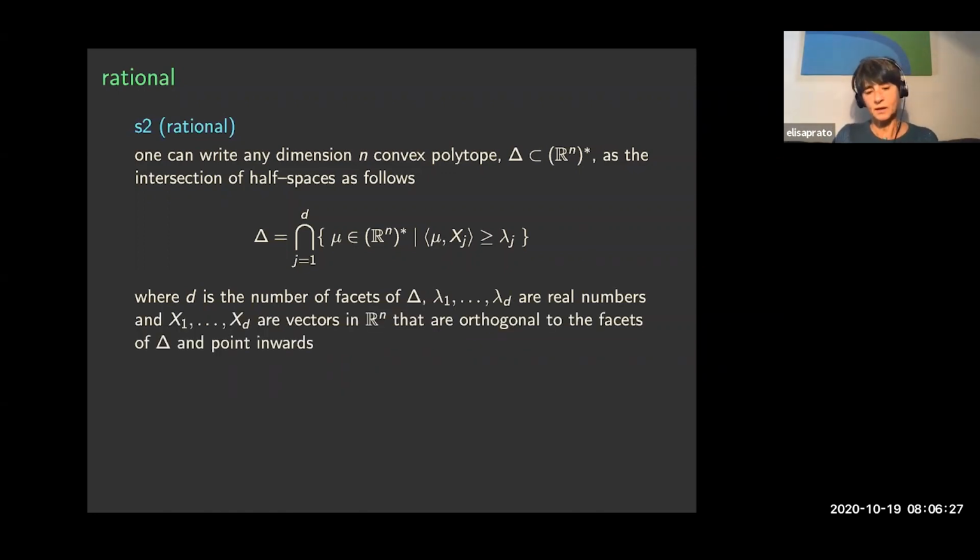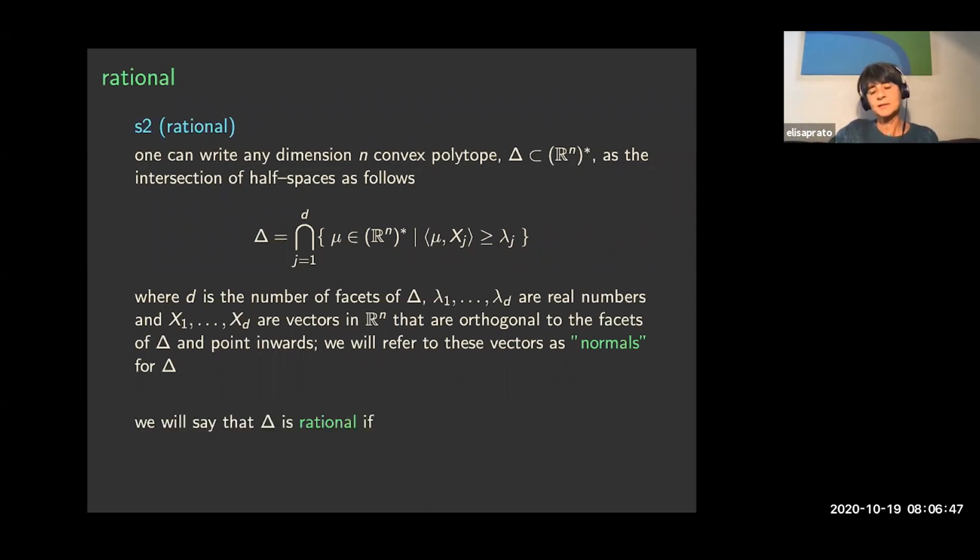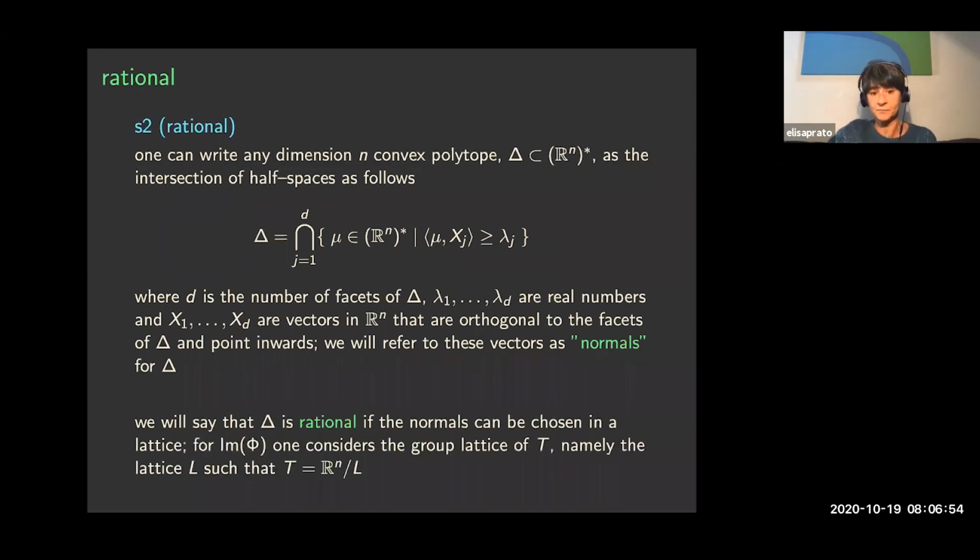And the x1, ..., xD are vectors in Rn that are orthogonal to the facets and point inwards. These vectors, I'm going to be using them all the time, and for short, I will be calling them normals for delta. So delta is rational if the normals for the polytope can be chosen in a lattice.